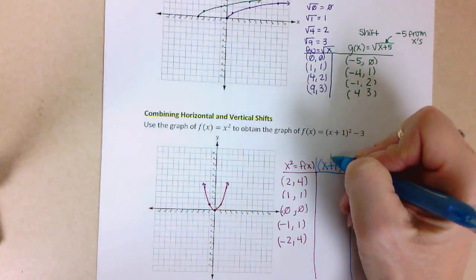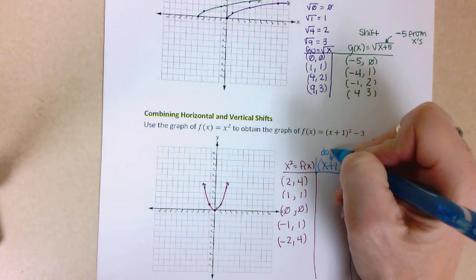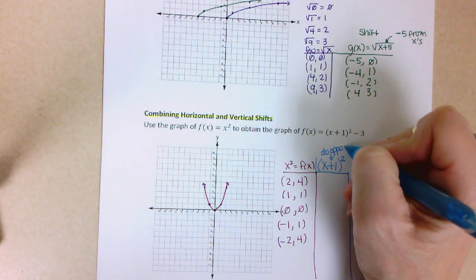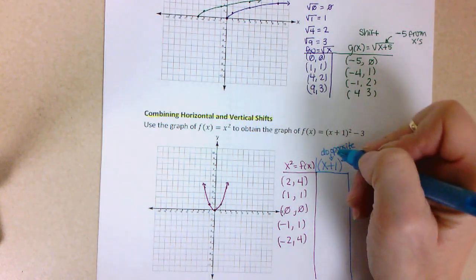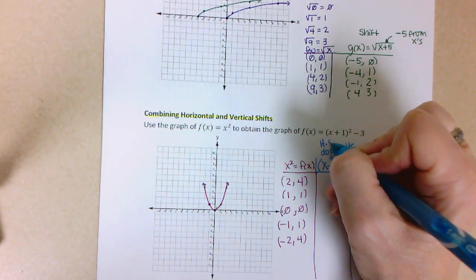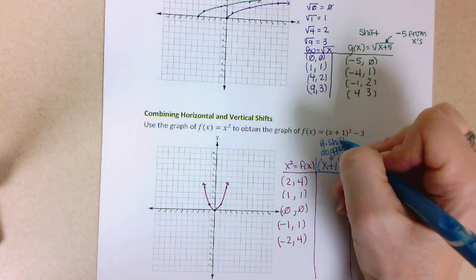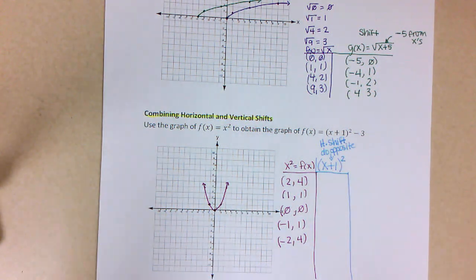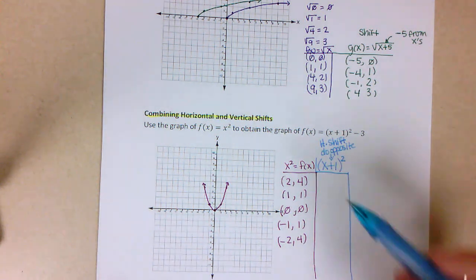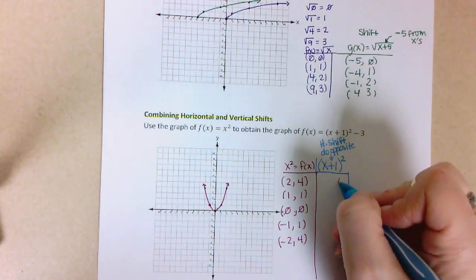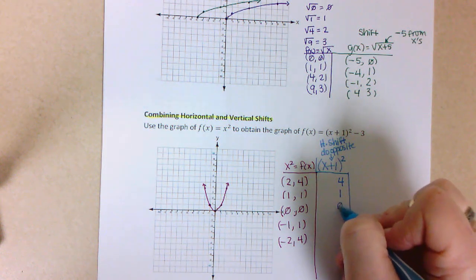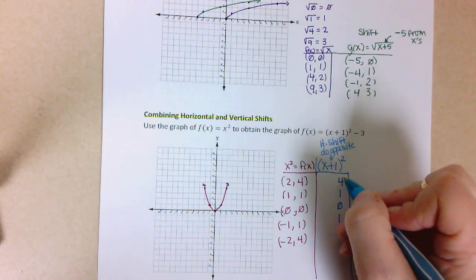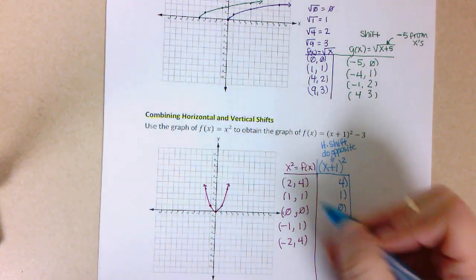So we know that this means do the opposite. So that makes it a horizontal shift. So with a horizontal shift, our y's don't change, but our x's do. So we could copy our y's over. Now we're going to change our x's.